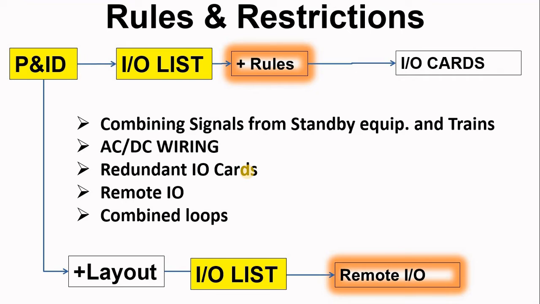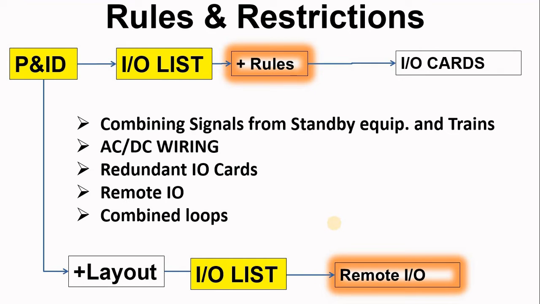Sometimes you segregate per loop or per reactor type. If you have some instruments in the field which are far away and you can install remote I/O, you may say I'm going to use remote I/O for that group of input output. Why remote I/O?